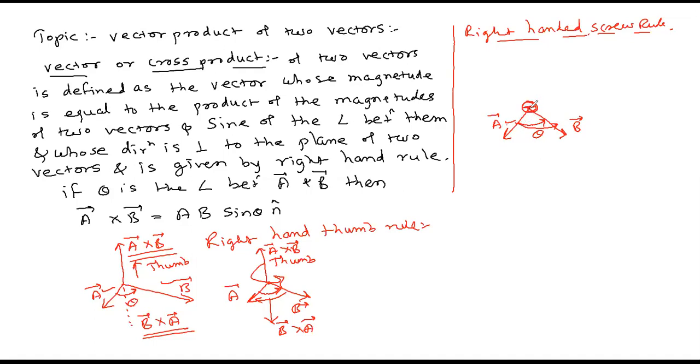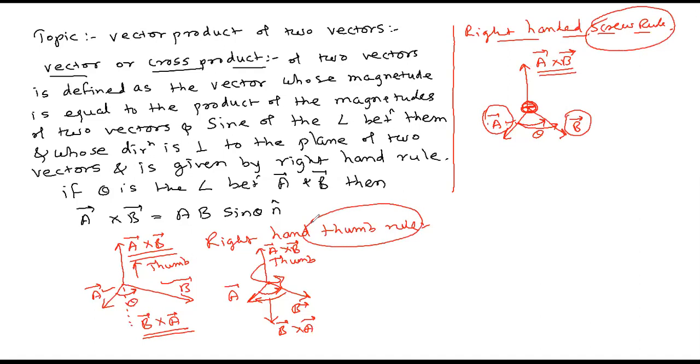The direction in which it advances is called vector A cross vector B. So you can explain this using the right-handed screw rule and the right-hand thumb rule. So A cross B is AB sine theta into n cap.